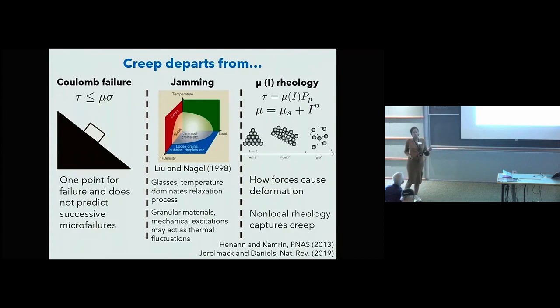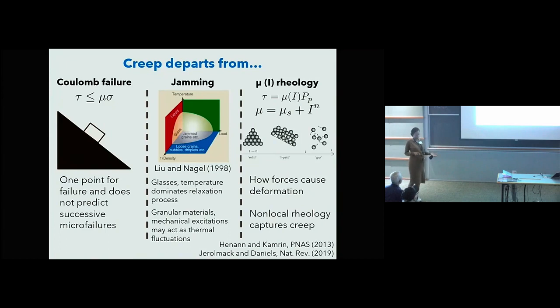But that doesn't capture microfailures that can occur in the system leading up to that point. Then there's the jamming transition that describes an idealized kind of onset of rigidity in disordered systems. It can capture rigidity in granular materials, foams, and glasses with this jamming phase diagram. But it's hard to capture heterogeneities in the material as it fails within the jamming framework.